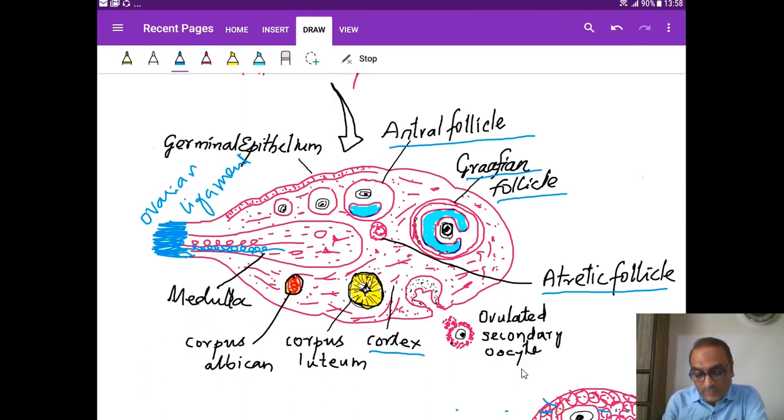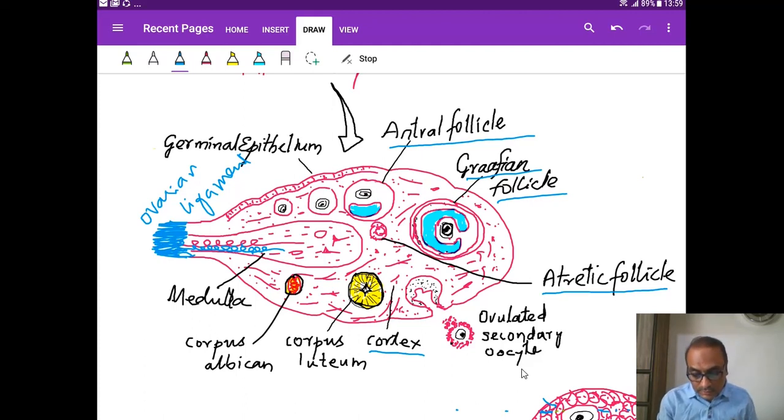Throughout the reproductive life of a woman, around 400 ova or oocytes are ovulated, out of the 60 to 80,000 ovarian follicles. Only a few actually reach the Graafian follicle and ovulate. All others will degenerate.